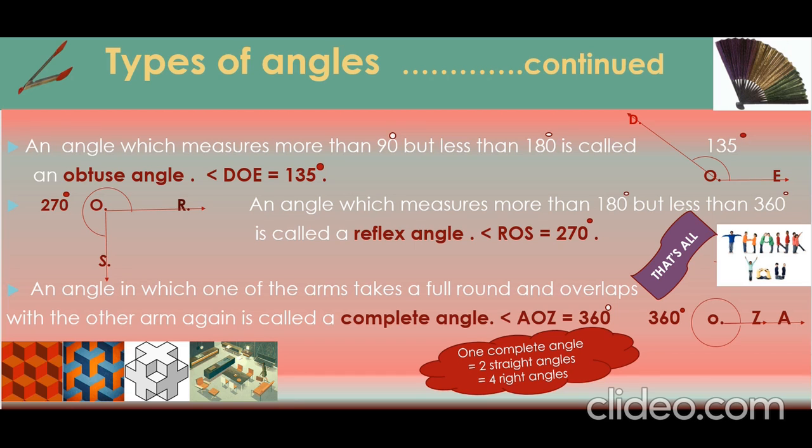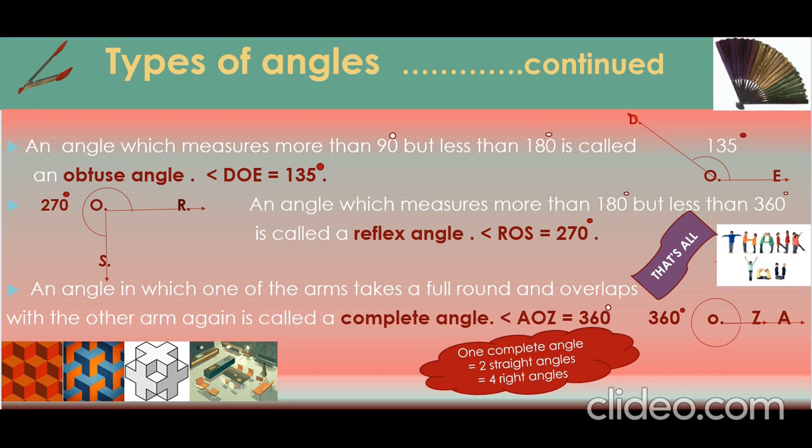Next is a reflex angle, which is more than a straight line, meaning more than 180 degree, and less than a circle, meaning less than 360 degree. So any angle measuring between 180 degree and 360 degree is called a reflex angle. Here in this example, one reflex angle is shown measuring 270 degree, angle ROS.